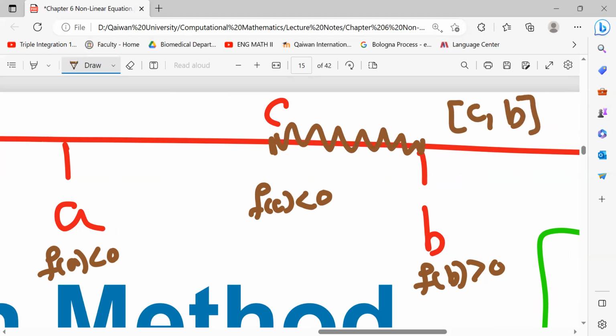Our new interval is CB. Has it satisfied the intermediate value theorem or not? F of C is negative, f of B is positive, their multiplication is negative. So our new interval is CB.